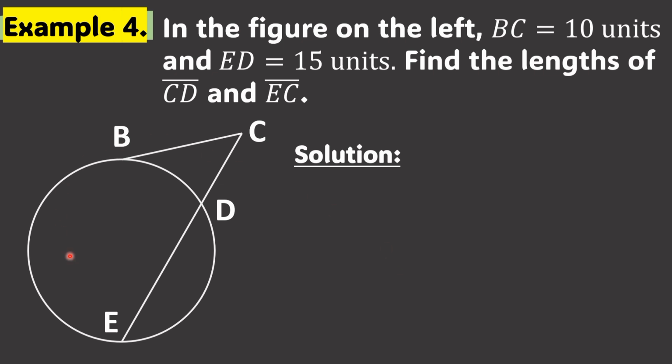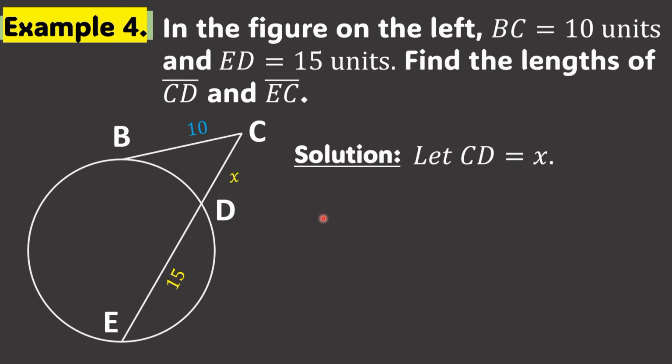In the figure on the left, the length of BC is 10 units and the length of ED is 15. Find the length of CD and EC.